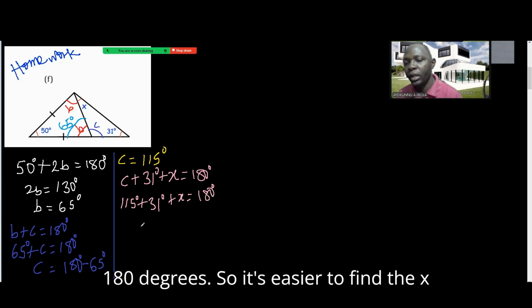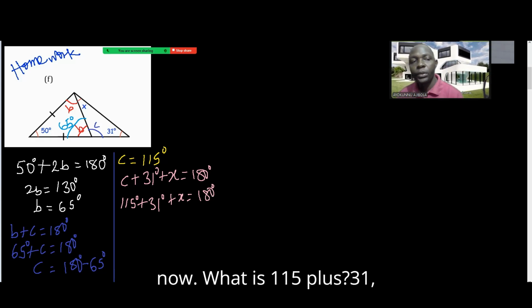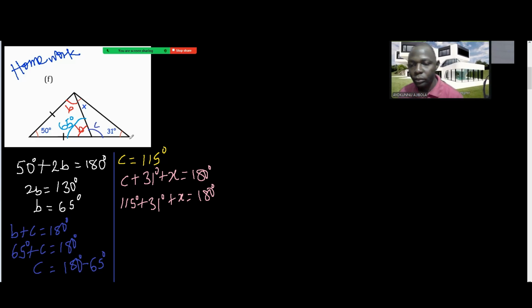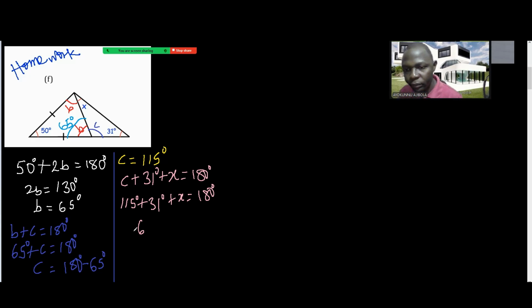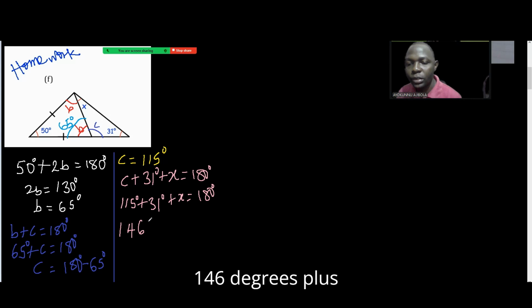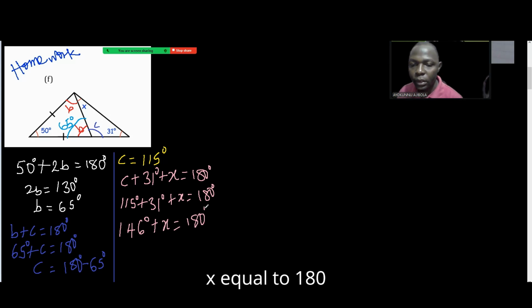So it's easier to find the X now. What is 115 plus 31? 5 plus 1 is 6. 3 plus 1 is 4. And this is 1. 146 degrees plus X equal to 180 degrees.